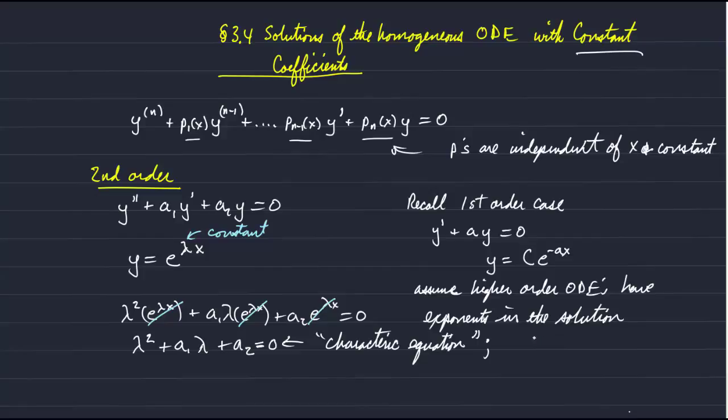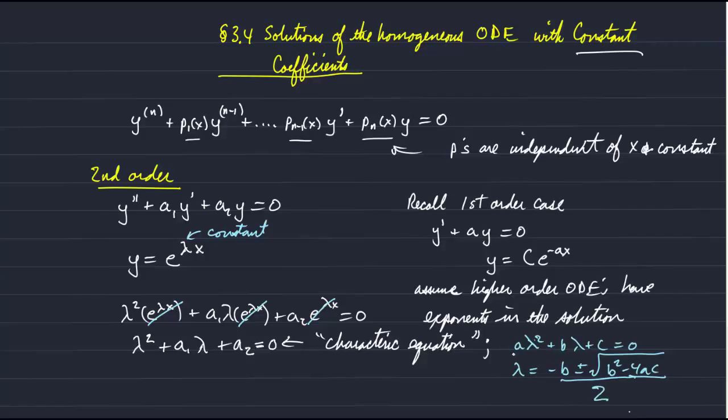So the way I learned the quadratic formula was something like, well, I'll just say a lambda squared plus b lambda plus c is equal to 0. And the solution is lambda is equal to minus b plus and minus the square root of b squared minus 4ac all over 2a.